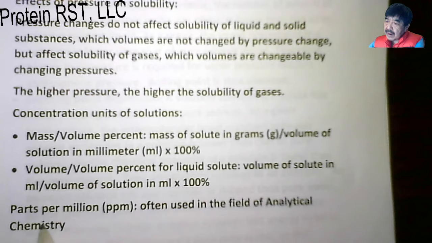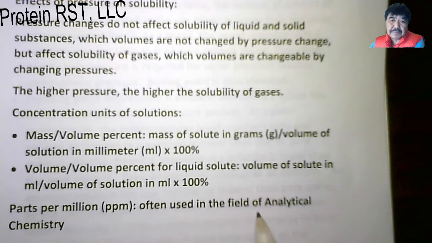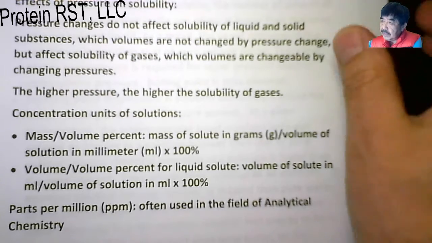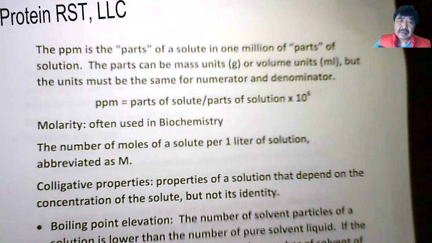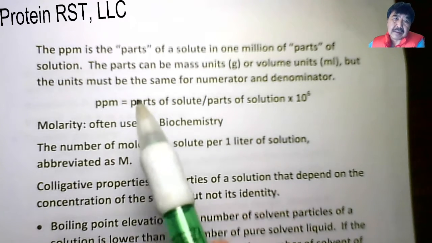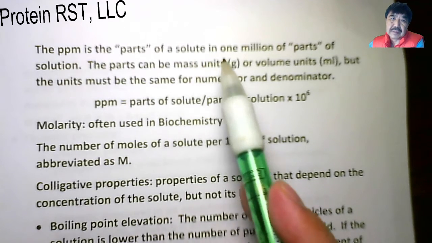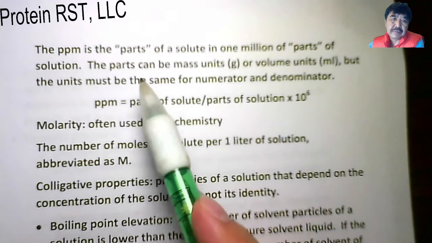Next is called parts per million, ppm, often used in the field of analytical chemistry. ppm is the parts of a solute in 1 million parts of a solution.